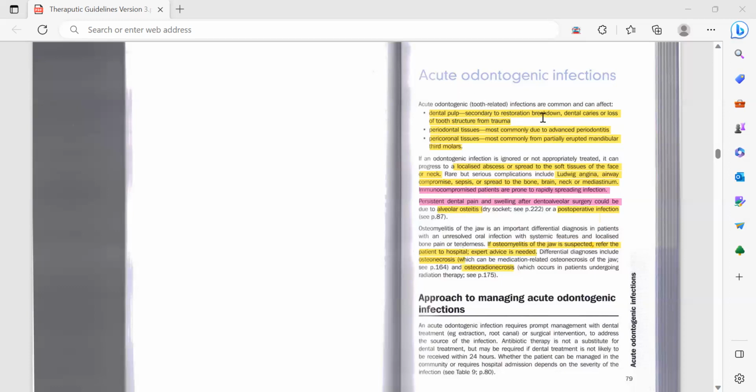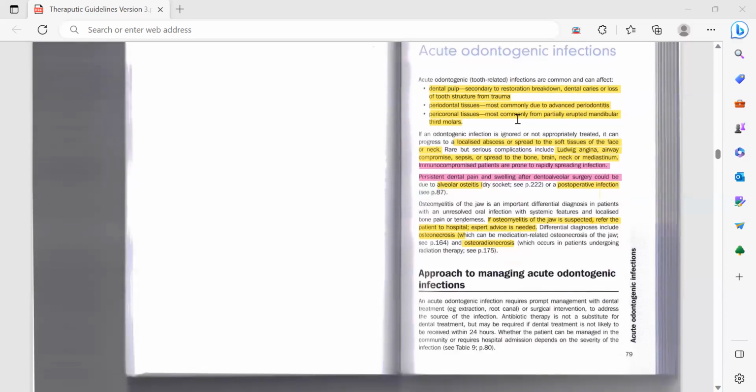Firstly, secondary to restoration breakdown: the patient has had a filling done and there is micro leakage, or a gap between the tooth and the restoration from where bacteria get inside, leading to secondary decay, which has led to the pulp infection. Or primary decay, which is dental caries, or loss of tooth structure from trauma. So these are the several ways a pulp can get involved in infections.